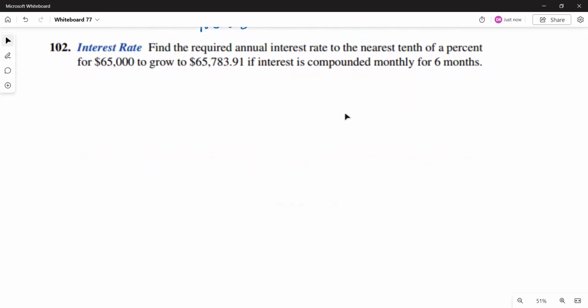So find the required annual interest rate to the nearest tenth of a percent for 65,000 to grow to $65,783.91, if interest is compounded monthly for 6 months. So we know the principal. We know the final amount.